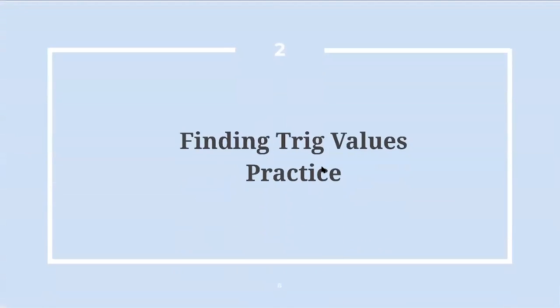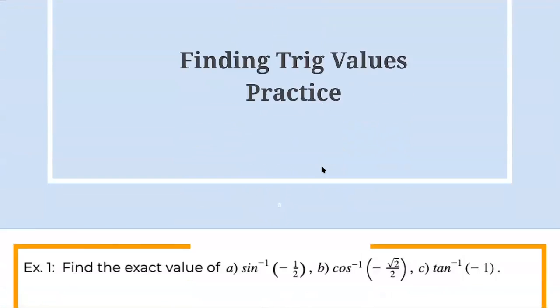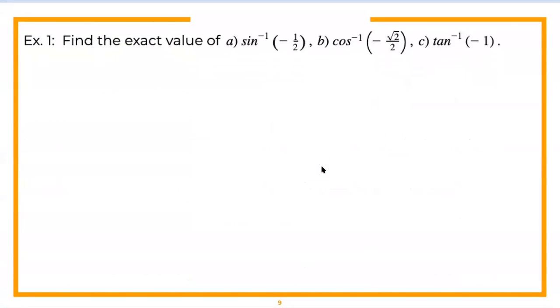So let's practice applying these. Example number 1, we're going to find some exact values. So again, Tuesday's test is a non-calculator test, so you need to be able to show me your reasoning for where you're getting your answers from.